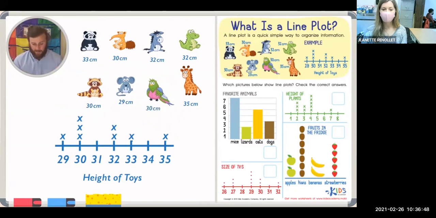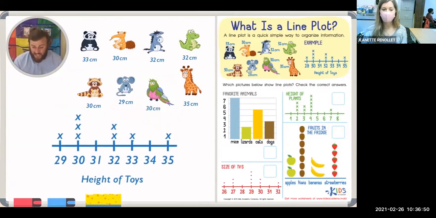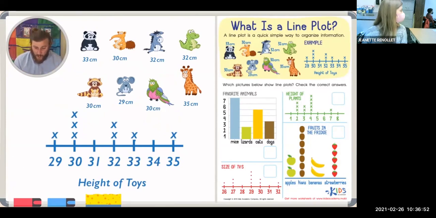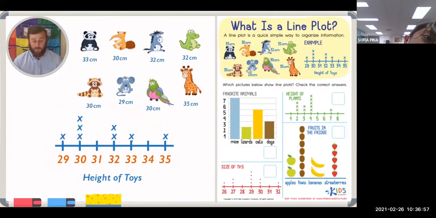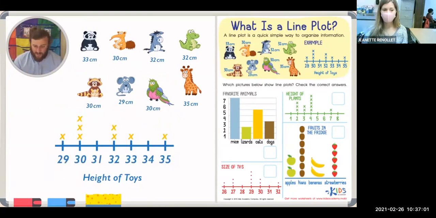So if we look at our line plot, and the line plot is this section of information right here with X's and numbers, we'll see all of the heights of the animals listed at the bottom. We'll also see some X's right above. Each X represents one animal. So I know that by looking at this line plot, there's one animal that is 29 centimeters tall.